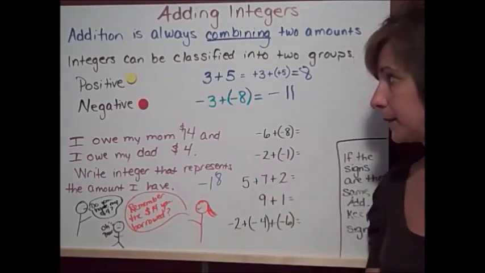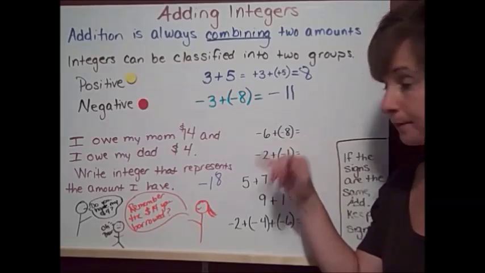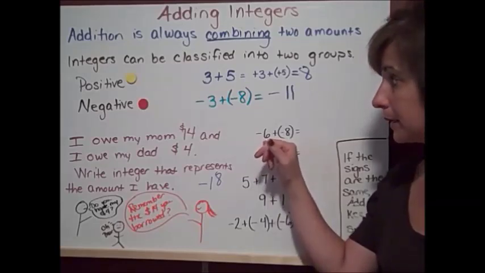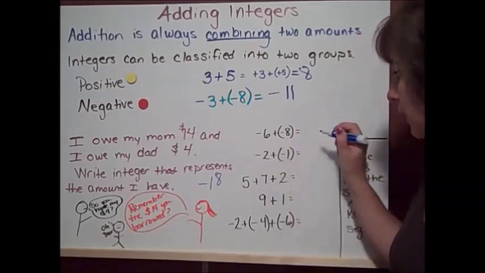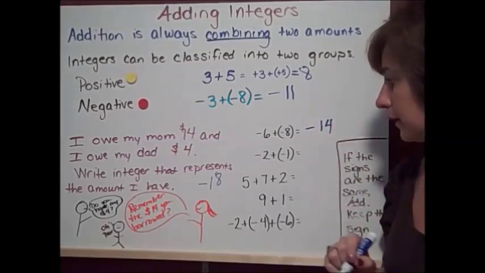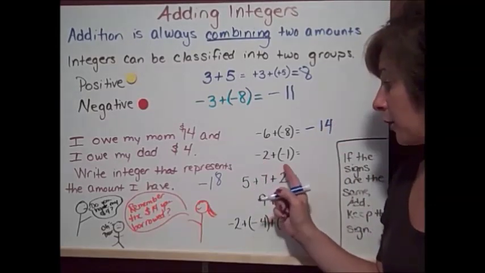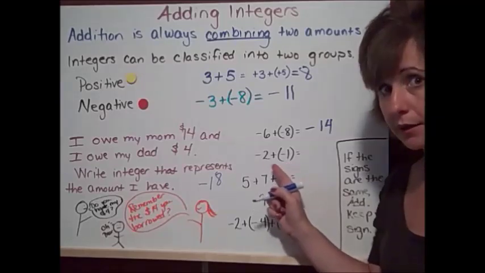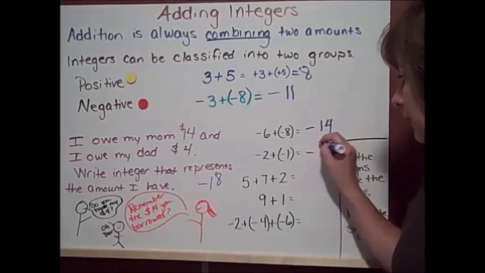Let's look at some problems here. This says negative 6 plus negative 8. Negative 6 would be represented with 6 reds plus 8 reds would equal 14 reds, which is negative 14. This represents owing someone $2 and owing someone else $1. Negative 2 plus negative 1 equals negative 3.